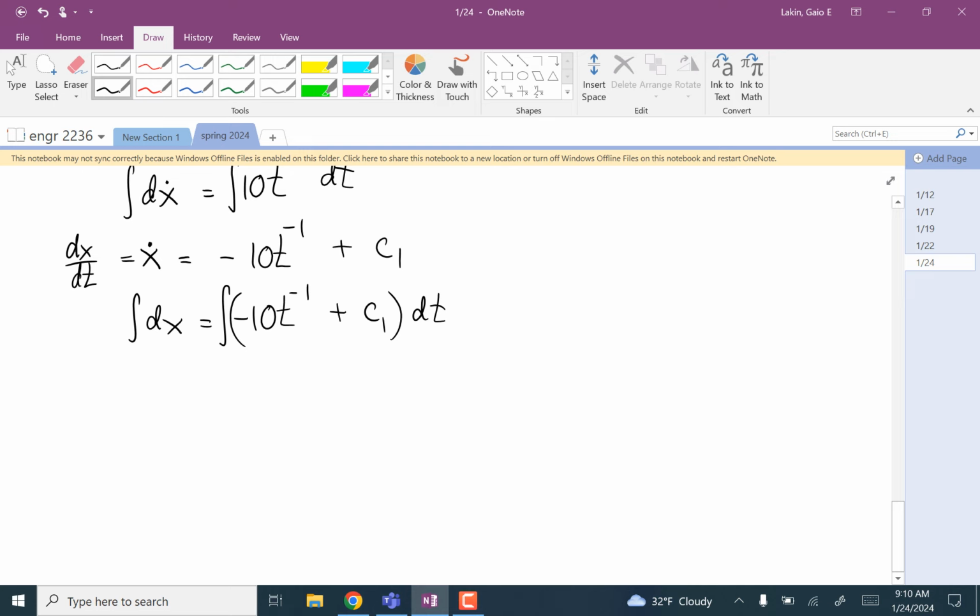Integrate both sides, and you get x is equal to negative 10 natural log of t plus c1 t plus c2.